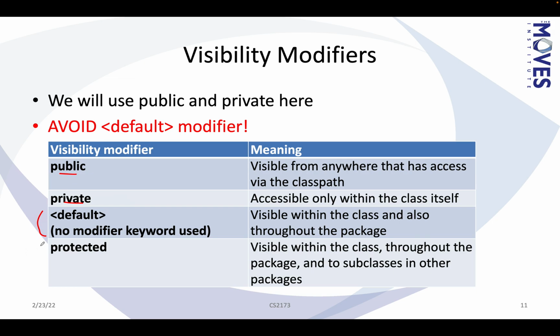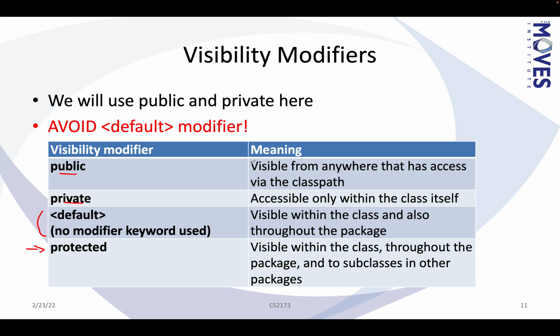And then there's something called protected. We're not going to use protected much this quarter. It turns out that in the Java simulation models that we'll be looking at next quarter, if you take that class, protected turns out to be a useful concept. So that will come into play then. But in this course, everything will be public or private and never default. So just watch out for that.